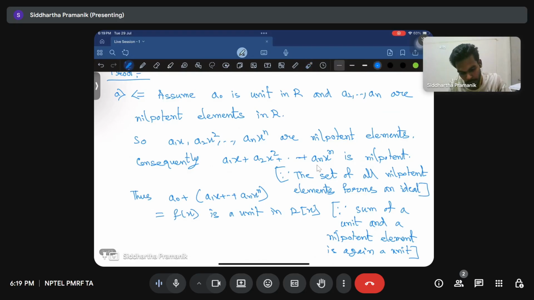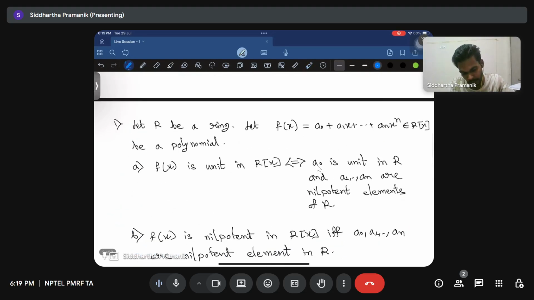So we have proved one side, that is, if a0 is a unit and the other coefficients are nilpotent, then the polynomial itself is a unit. Now let's prove the other way, which is the tricky part a little bit. If f(x) is a unit, then the constant term is a unit and the other coefficients are nilpotent.